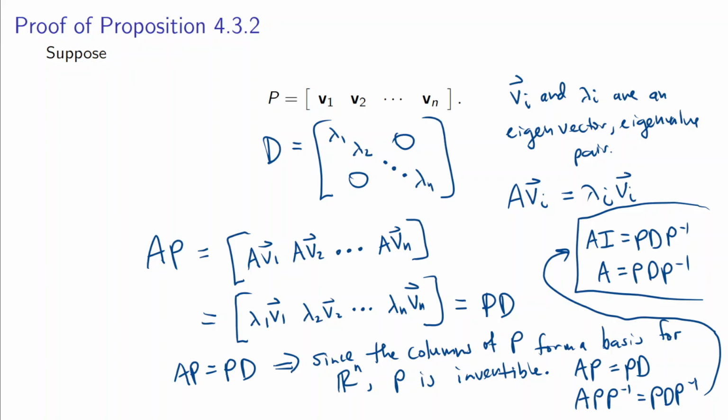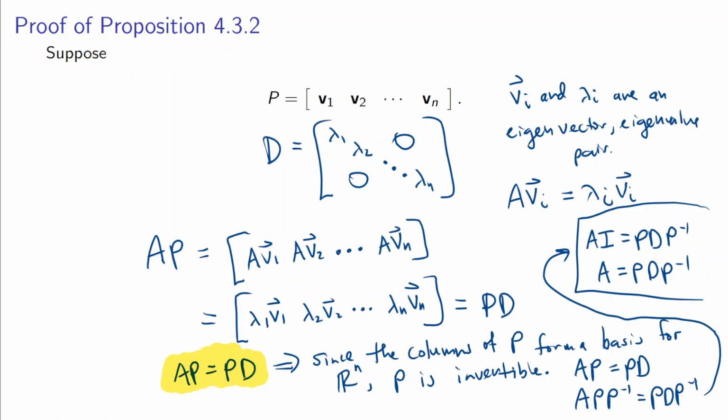I will point out that if we just wanted to get to the point that AP equals PD, we could do that without P being invertible. And that has some applications.